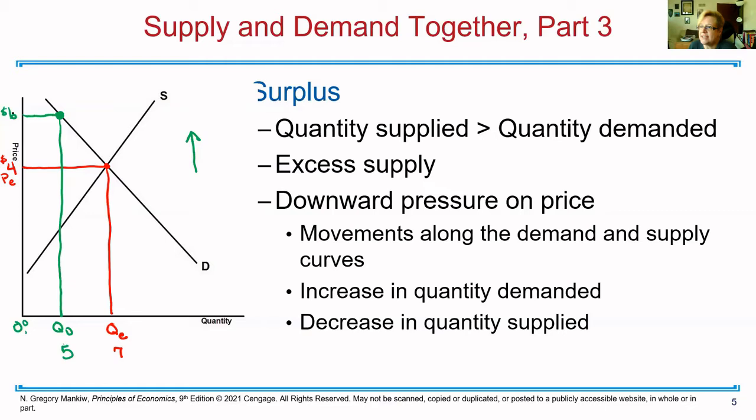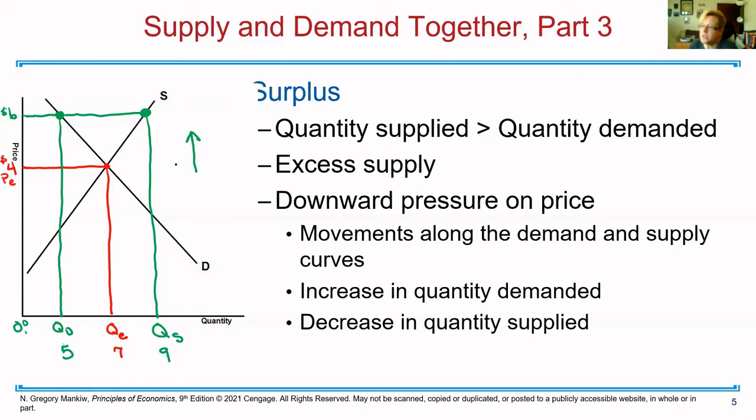Now we're going to take that same price and we're going to follow it over to the supply curve. Here, we're going to drop it down. And we notice now that the quantity supplied is something greater than 7. So the quantity supplied, let's say, is 9.